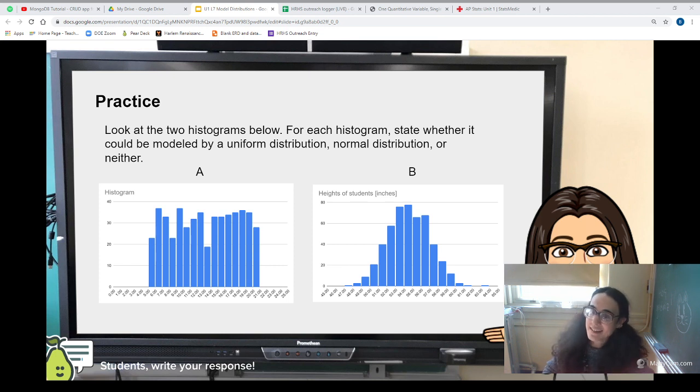For A, this one's a little trickier. We could go a couple of different ways for this. Immediately, when I look at it, it looks flat to me. Especially because it drops off very quickly, from what we can see here, right?